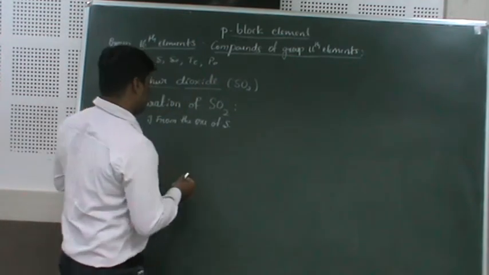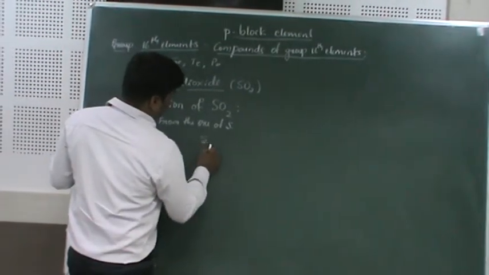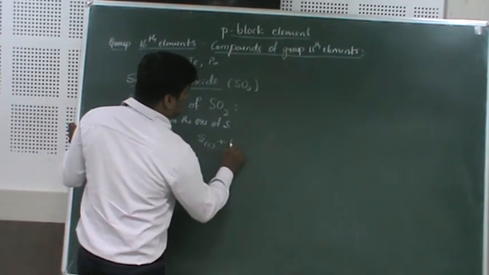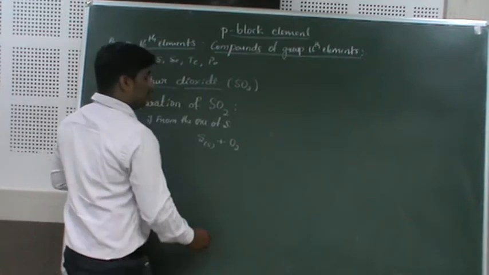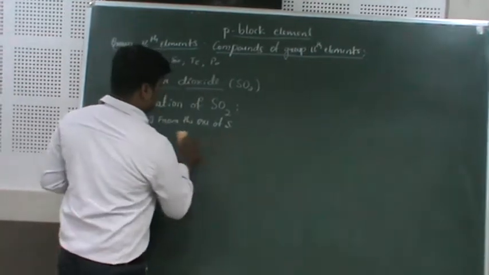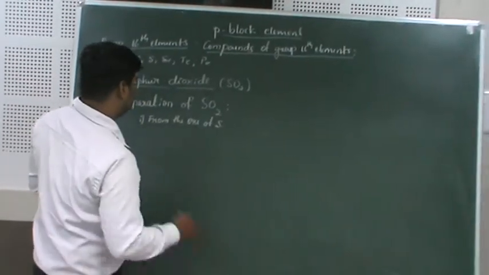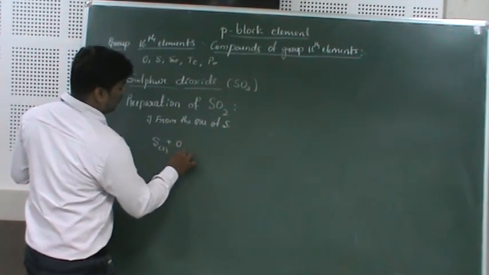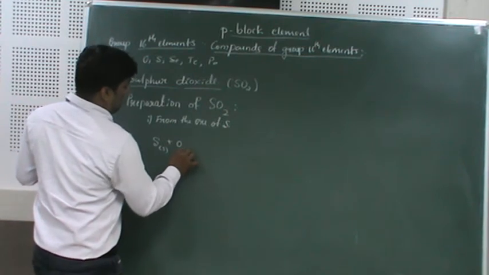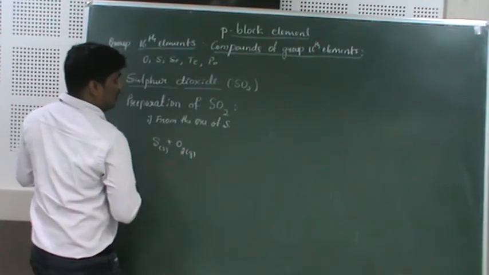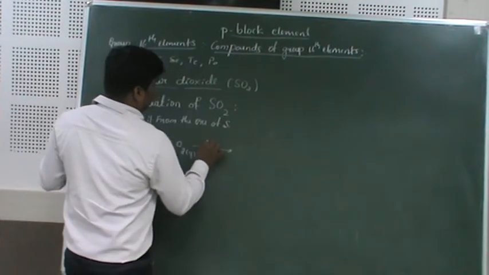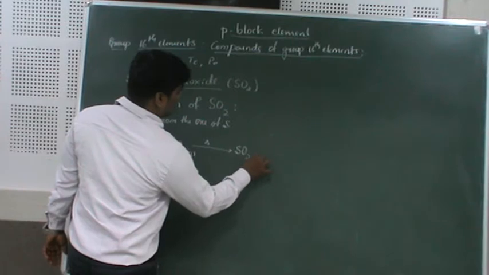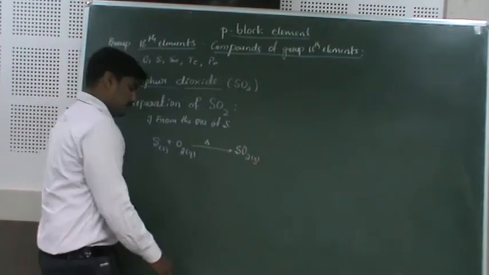What happens when sulphur is burned? This is solid sulphur. When solid sulphur is burned in presence of oxygen gas, it gives sulphur dioxide gas.